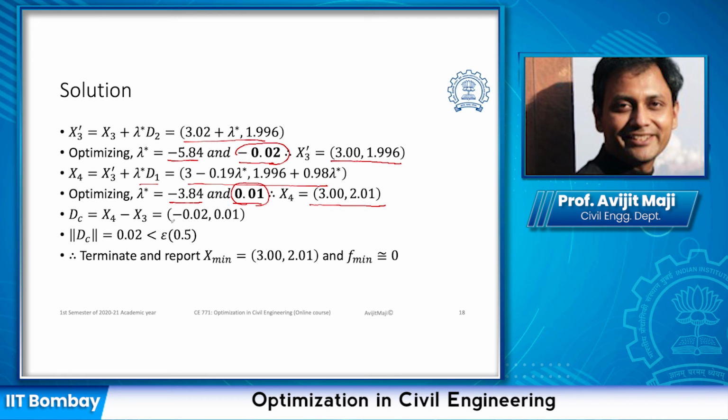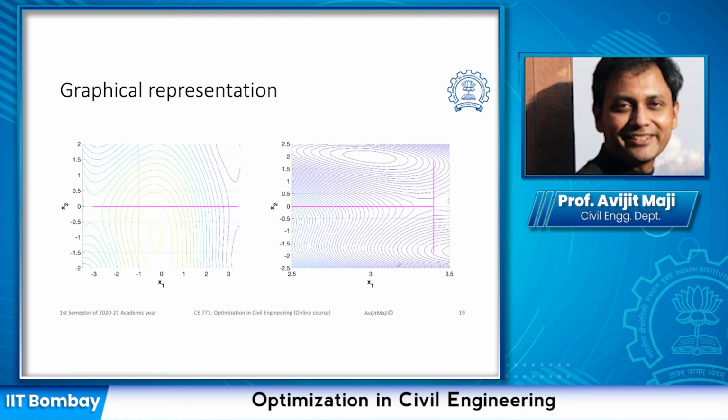Once we subtract, we get this as the conjugate direction, and the scalar quantity of this conjugate direction is less than the precision which we have selected, and hence we can terminate at this point. We are terminating and reporting x minimum as the last obtained best point, and at this point we'll find that the objective function value is almost equal to 0. So this solution, let us look into the graphical representation.